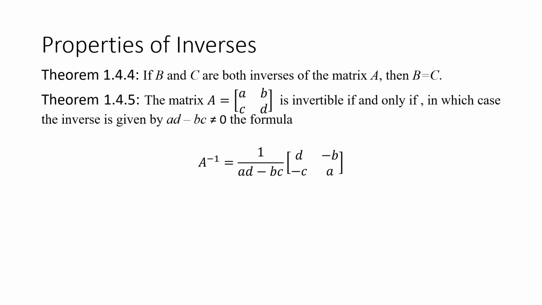Technically, ad minus bc is what we call the determinant, if you can still remember it from your previous discussions when you were still in your baccalaureate degree.